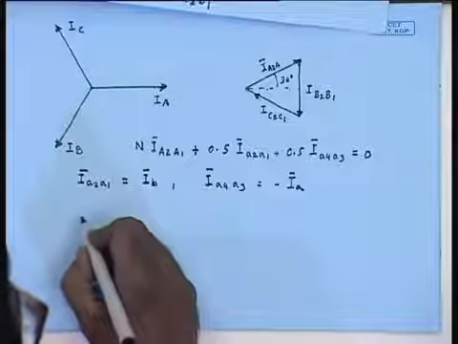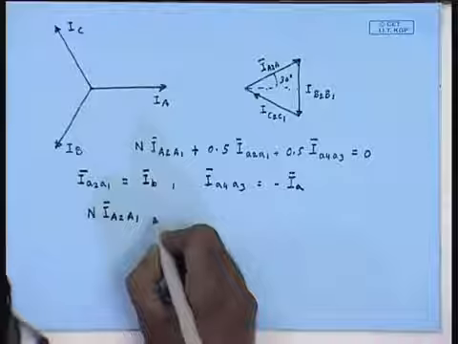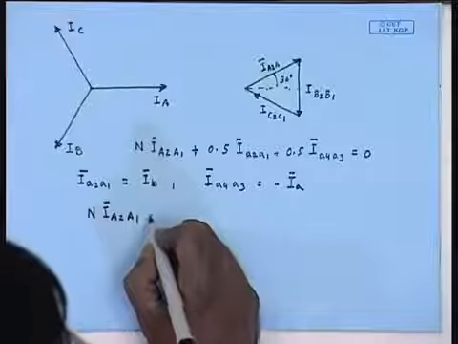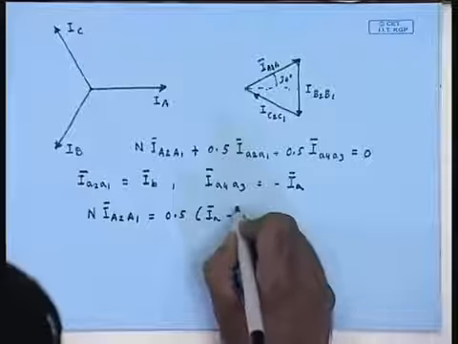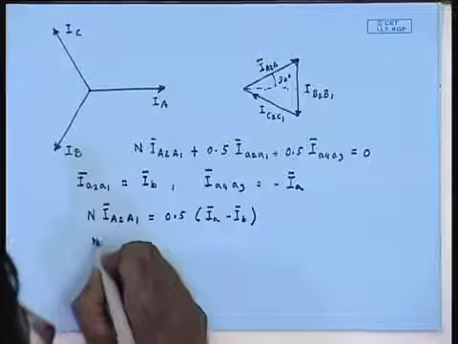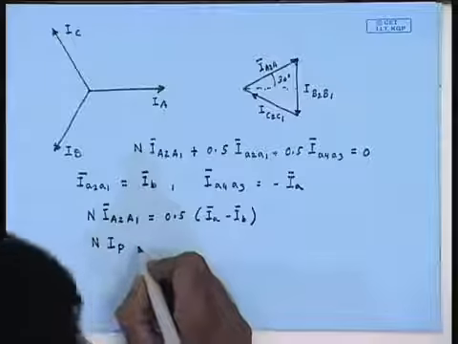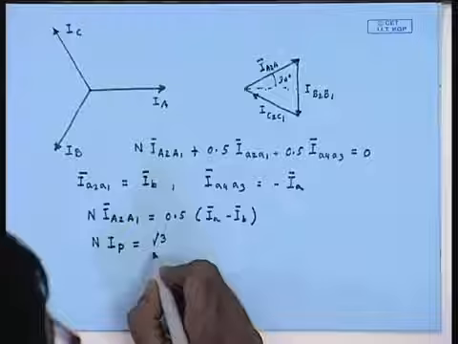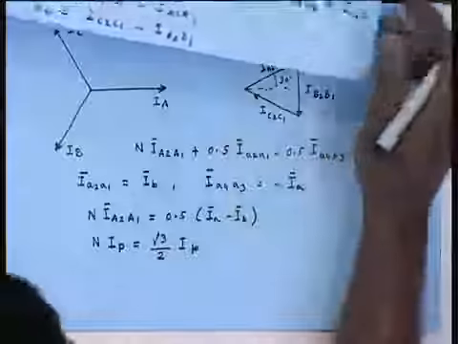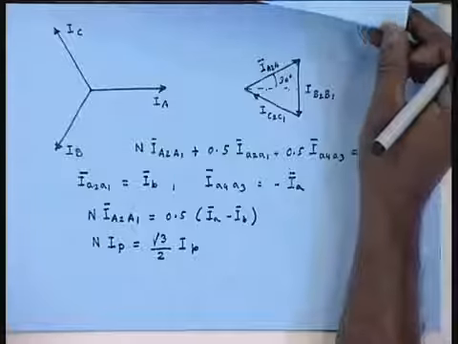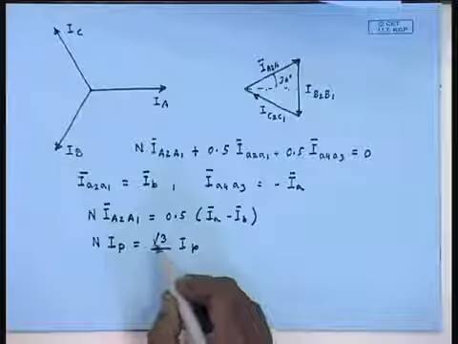So, we can write n times I A2A1 equal to 0.5 IA minus IB, or n times I capital P equal to root 3 by 2 times I small p, because IA and IB are the phase currents of the low voltage side which are 120 degrees apart. So, IA minus IB is root 3 times the phase current.